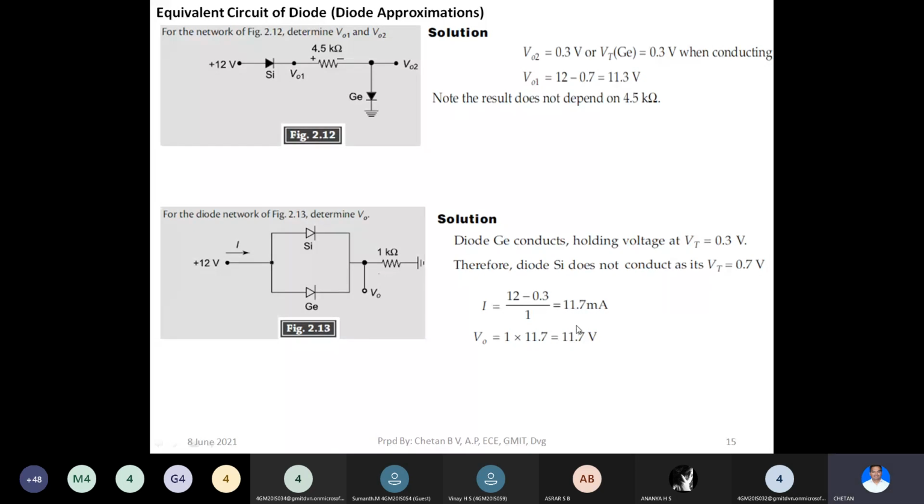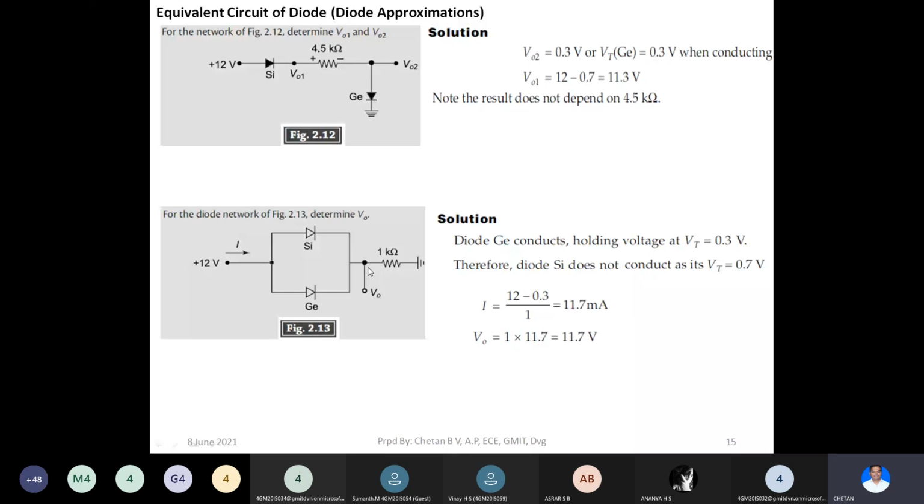Current capital I is 11.7 milliampere. Therefore multiply 11.7 milliampere with 1 kilo ohm. Here kilo and milli are cancelled. Therefore you have simply 1 into 11.7, which gives you 11.7 volt. That is V naught. Now V naught is 11.7 volt.